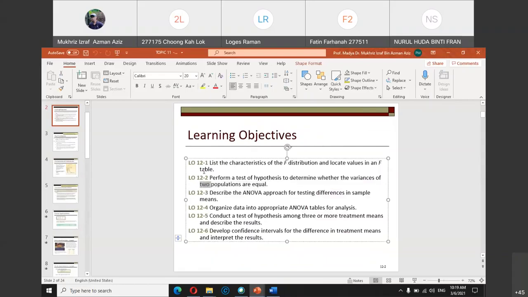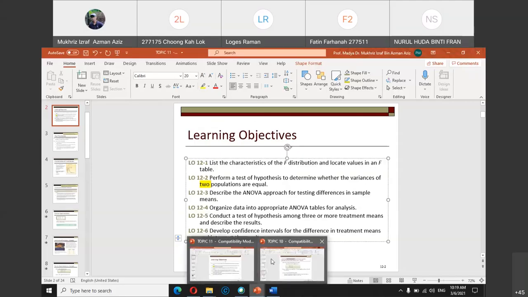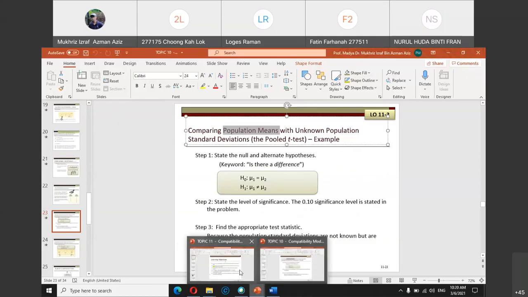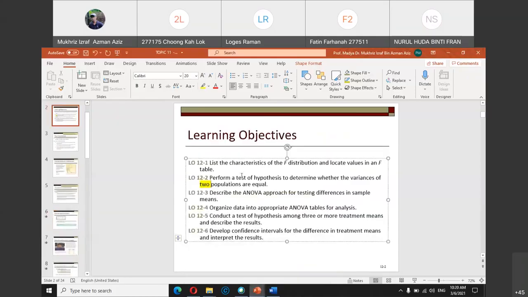I want to highlight the word two, because in the previous chapter you did hypothesis testing for two different populations, comparing the mean, which is why your H1 and H0 were based on the mean value. Here we start again with two, but this time we do hypothesis testing comparing the variance, not the mean.